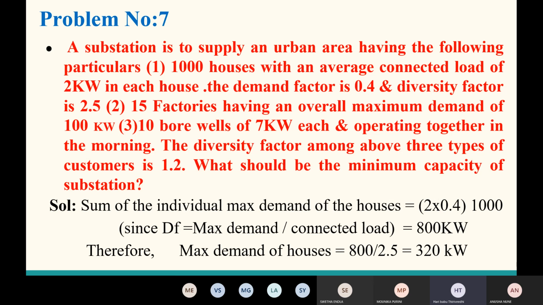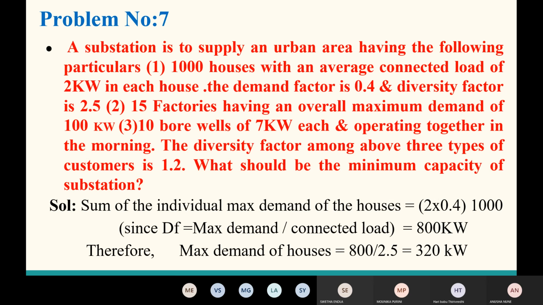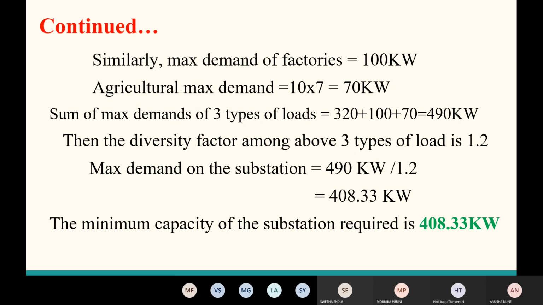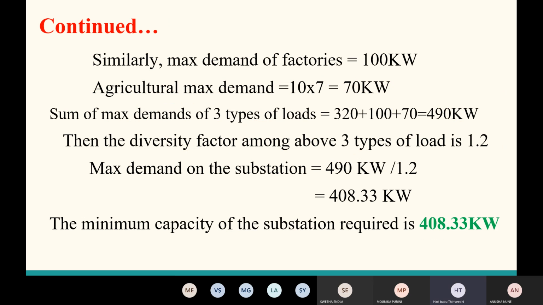Similarly, the maximum demand of the factories is 100 kilowatt.